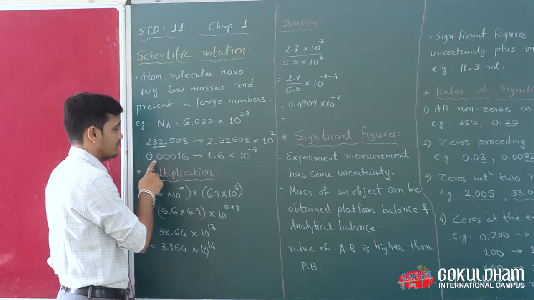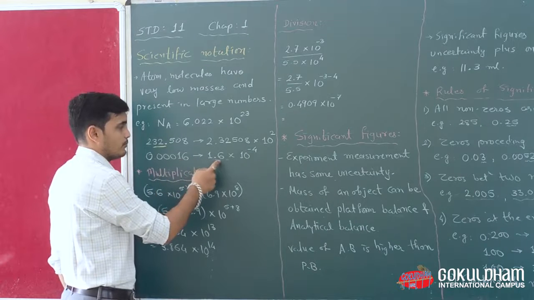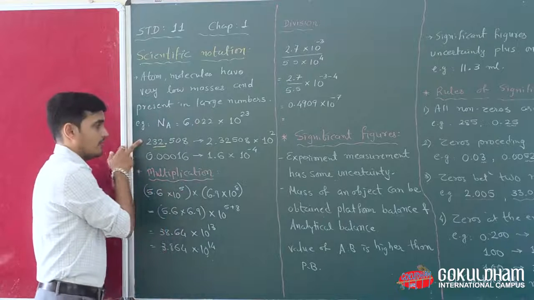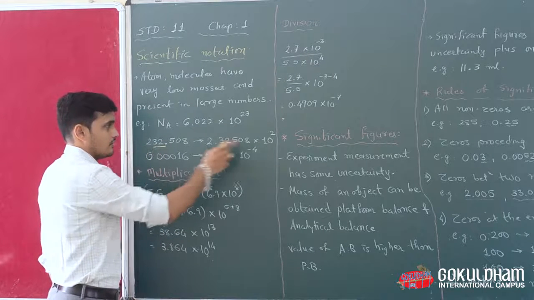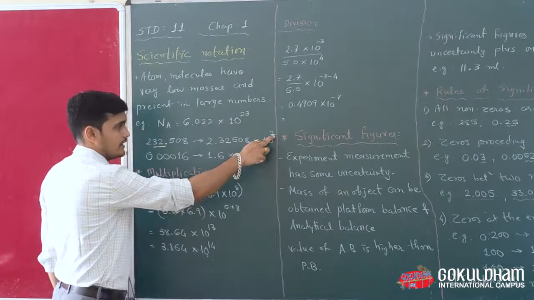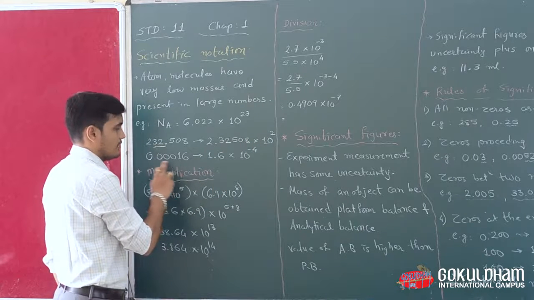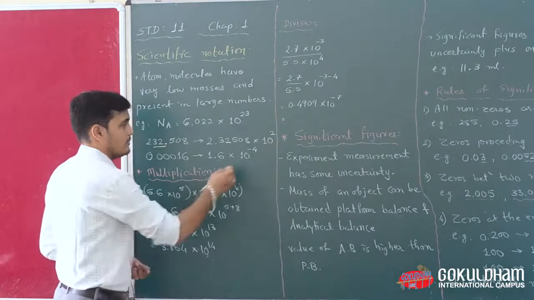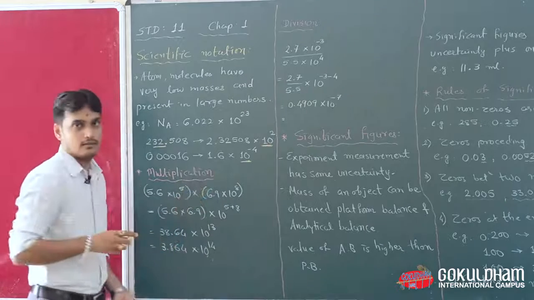The decimal moved to the right by 4 places, so it is 1.6 into 10 raised to minus 4. In the earlier example, we moved to the left, so the positive exponent increases, and when our decimal goes to the right-hand side, the exponent becomes more negative.